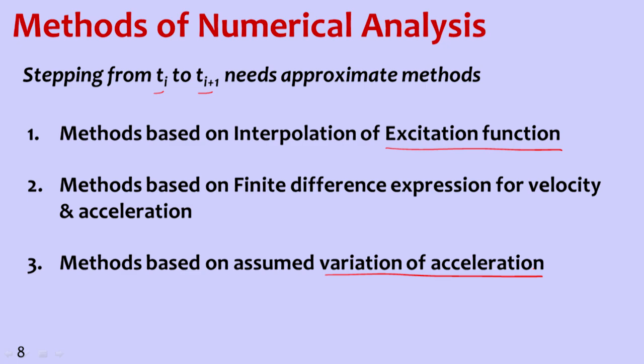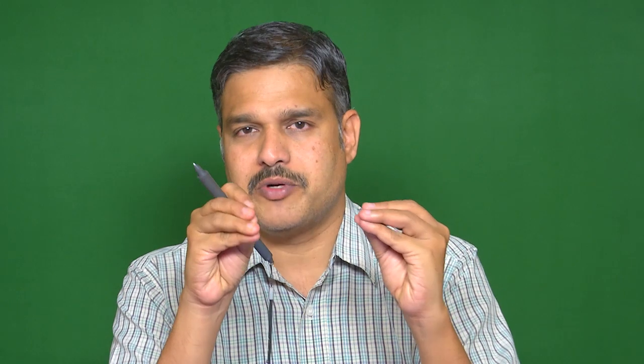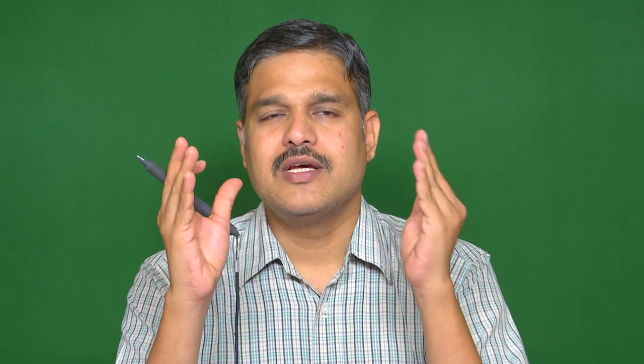In the forcing function, acceleration is there: force is equal to mass into acceleration. This acceleration is the actual input. Now, how is it varying between two time instants, say ti and ti plus 1? Either we take the average of the acceleration at ti and at ti plus 1 over the interval, or we vary it linearly between the two values.